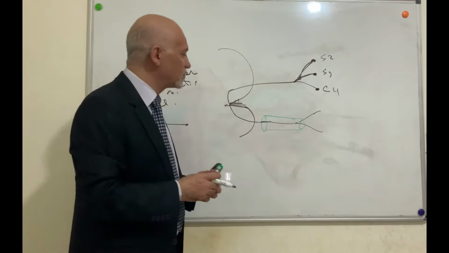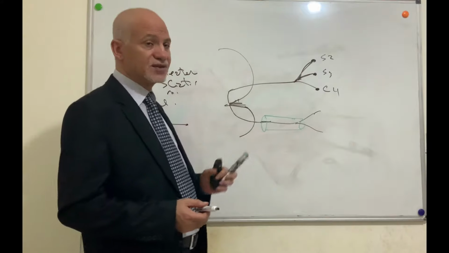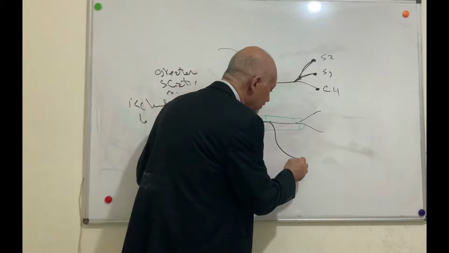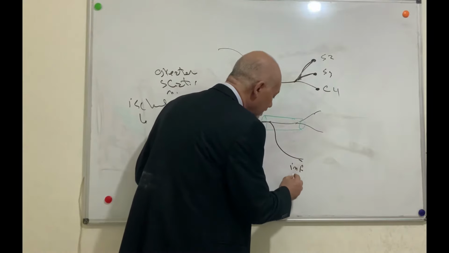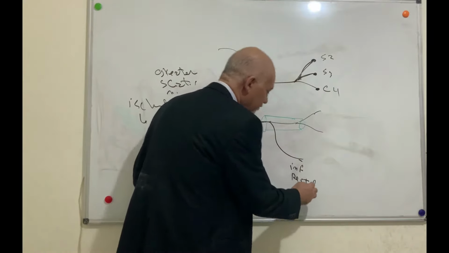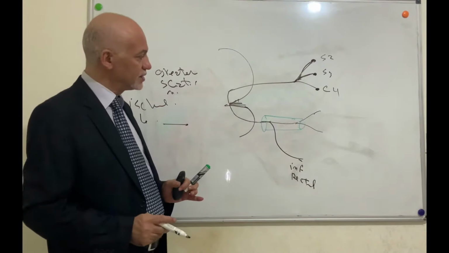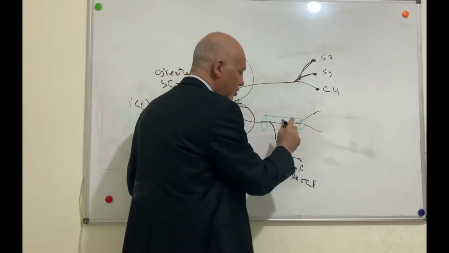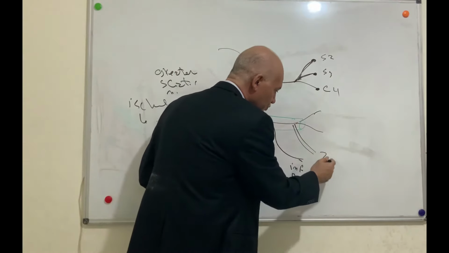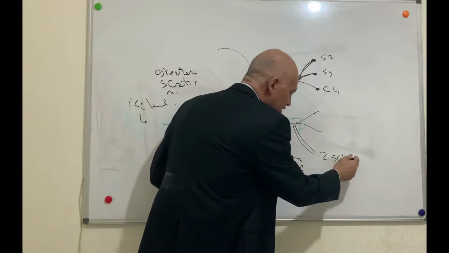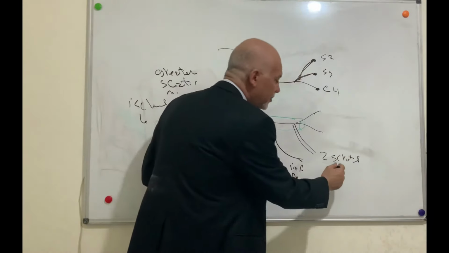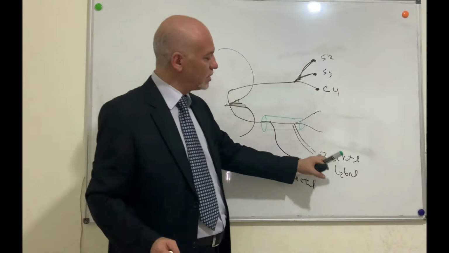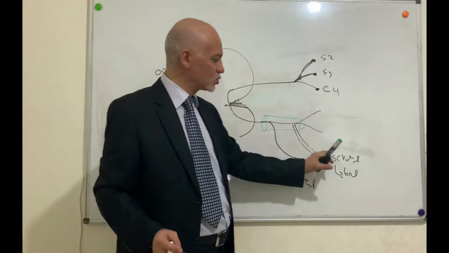What are the branches of this nerve? At first, inside the canal, it gives the inferior rectal nerve. Then also inside the pudendal canal, from anterior, it gives two scrotal branches in male, labial in female.